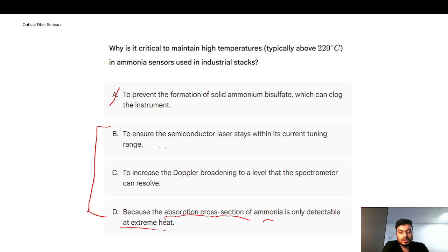It's also not related to the semiconductor laser staying in that range. So the correct option is to prevent the formation of solid ammonium bisulfate, which can clog the instrument. Other things can be tuned with parameters, but if the instrument itself is clogged, how will the sensor work and how will we detect ppm level accuracy? So typically the temperature is kept above 220 degrees.